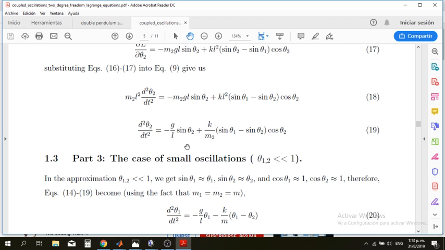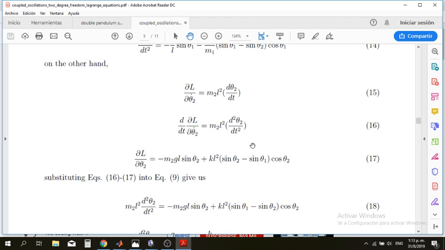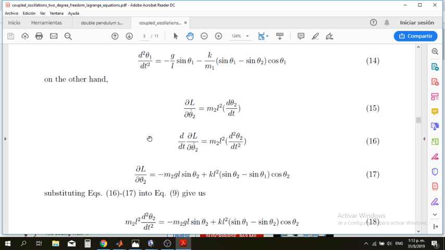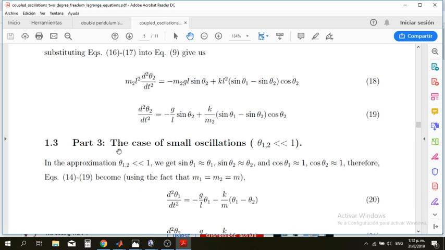And now that we know the governing equations for the pendulum, let us study the case in which the oscillations are very small. The angles theta 1 and theta 2 are much smaller than 1. In this case, sine of theta 1 is approximately theta 1 and sine of theta 2 is approximately theta 2.